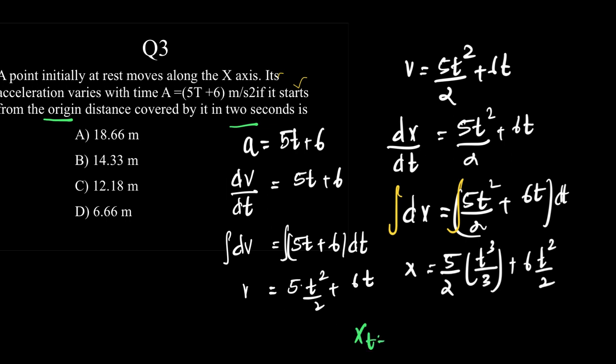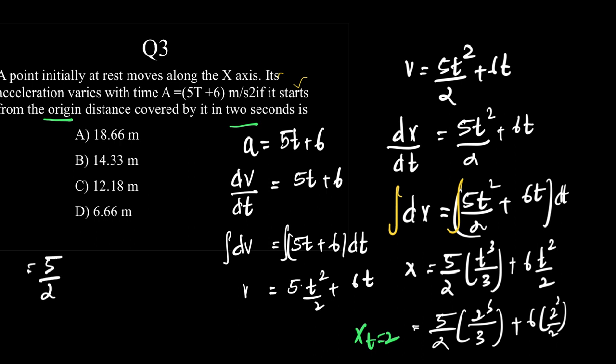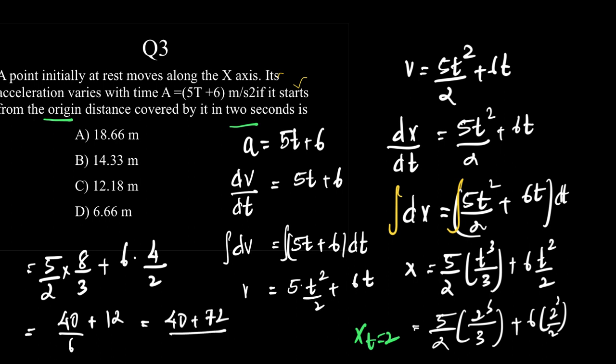So x at t equal to 2 seconds would be 5 by 2 into 2 cube by 3 plus 6 into 2 square by 2, which is equal to 5 by 2 into 8 by 3 plus 6 into 4 by 2, which is further equal to 40 by 6 plus 12, which is equal to (40 plus 72) by 6, which is equal to 112 by 6.